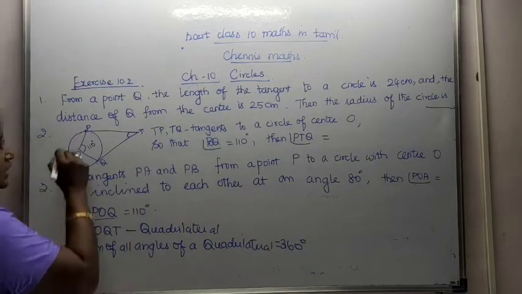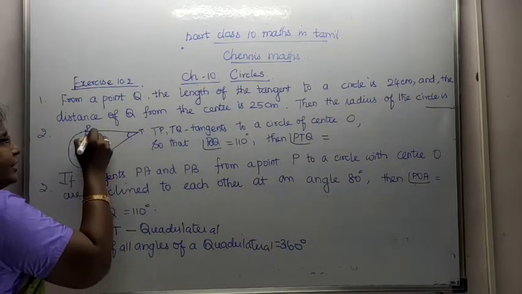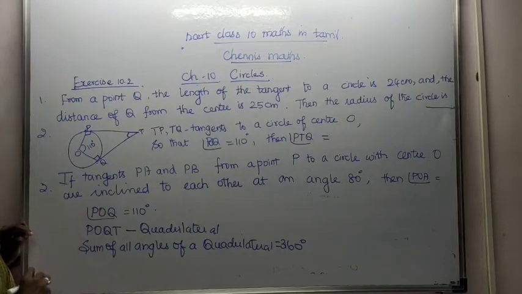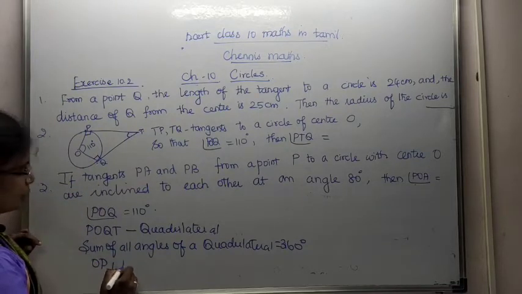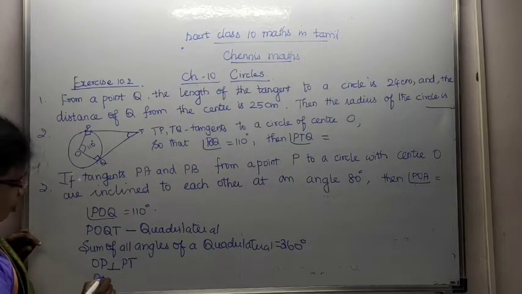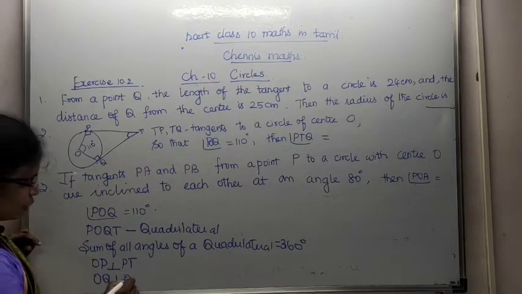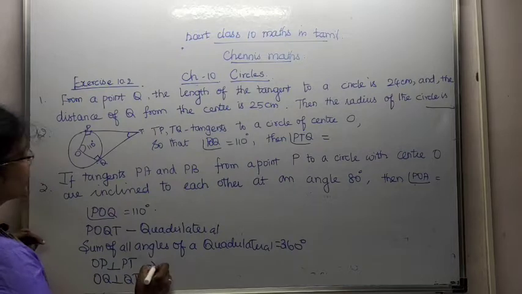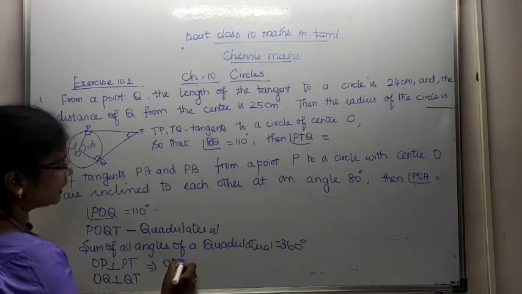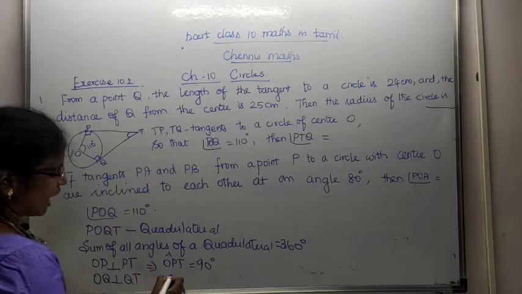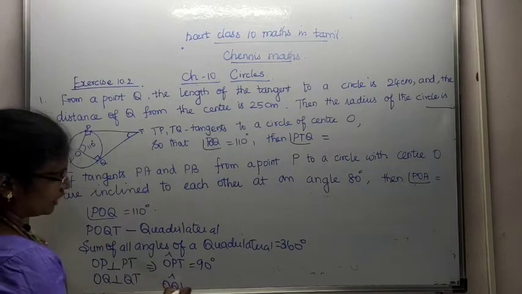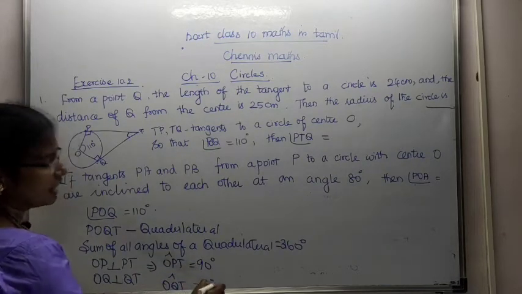When we consider this quadrilateral, we have two angles of 90 degrees, because OP is perpendicular to PT and OQ is perpendicular to QT. That implies angle OPT is equal to 90 degrees and also angle OQT is equal to 90 degrees.